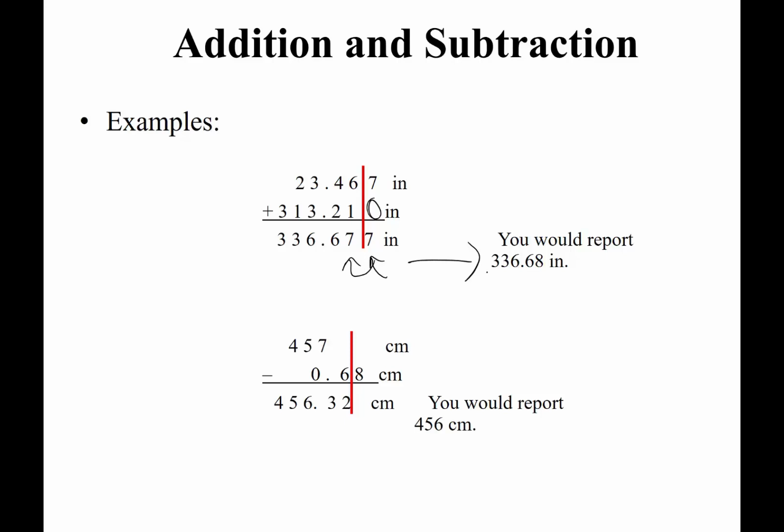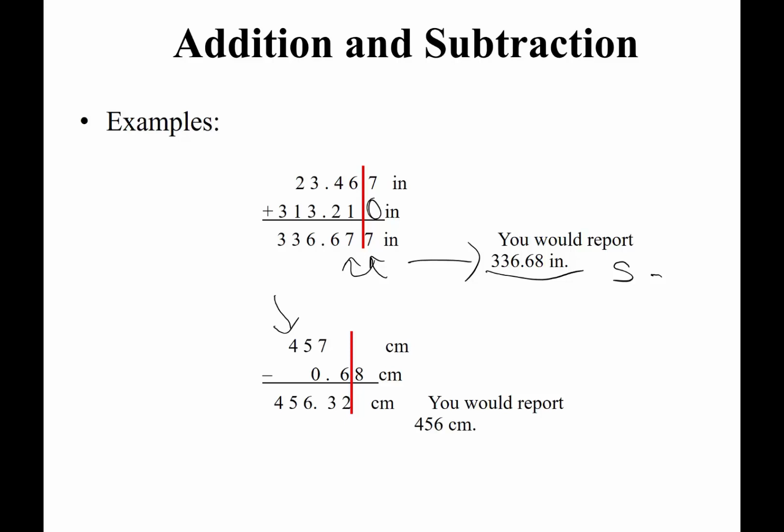So you actually have 1, 2, 3, 4, 5 significant figures in your answer, which has absolutely nothing to do with the fact that you have 5 significant figures in each of these. It has something to do with how far out each of these measurements go, okay? Like this one here, you're going to lose a lot of accuracy because your first measurement, 457, doesn't really go further than just the nearest centimeter, okay?